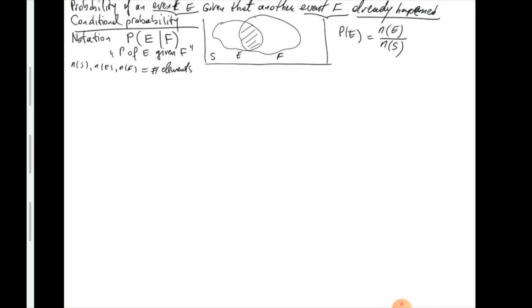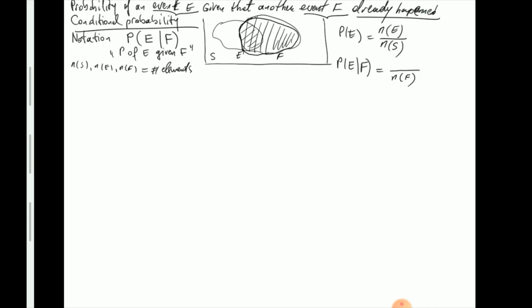However, and I hope it's pretty obvious from the picture here, we're going to write it down over here. If I ask the probability of the event E given F, so pay attention here, if the event F already happened, then your universe is reduced to the outcomes of F. You only look at the outcomes in F. The denominator is not going to be any more the number of elements in the whole sample space. There's no point in doing that.